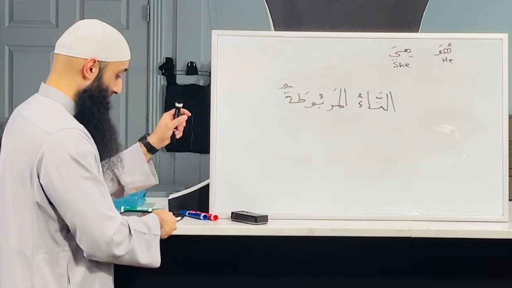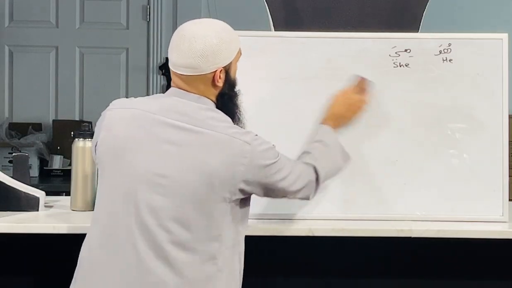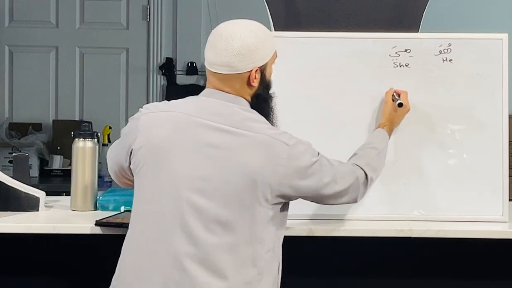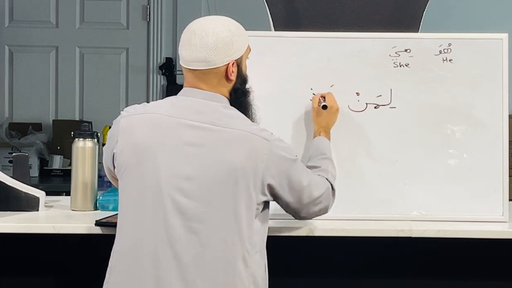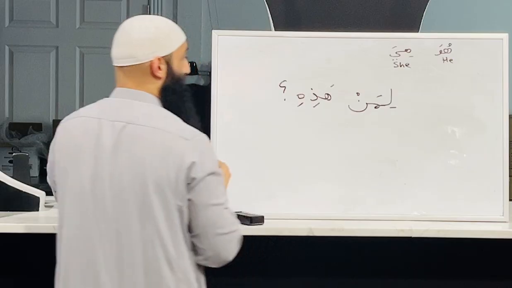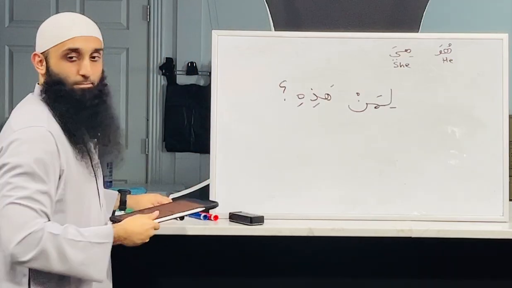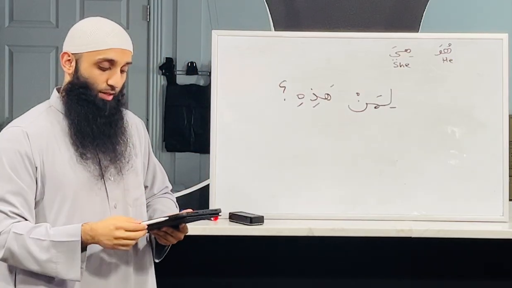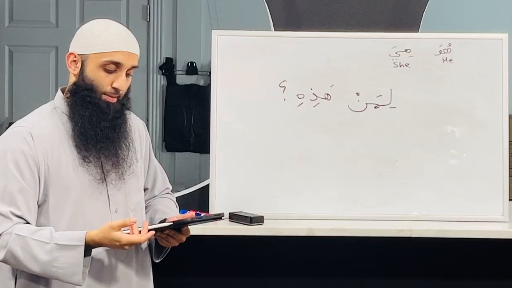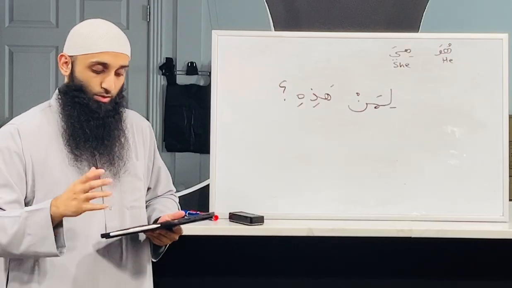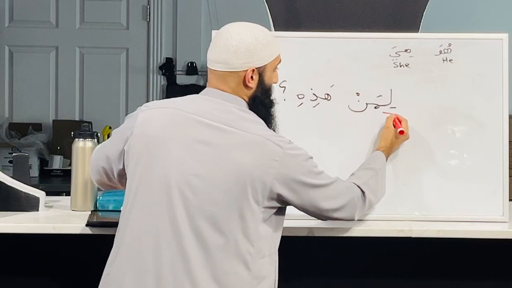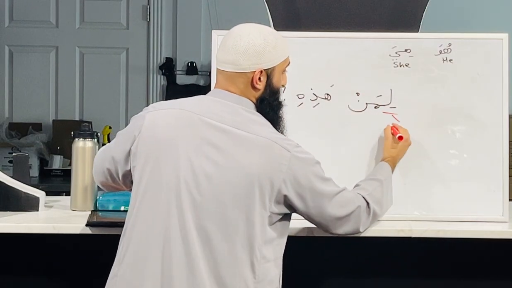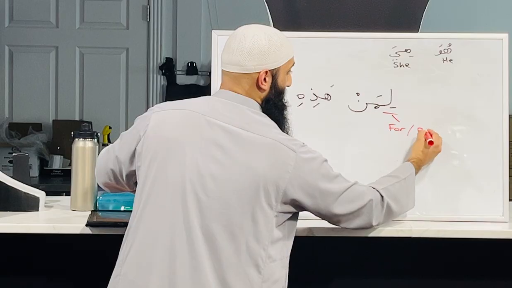Liman hadihi. What does that mean? Who is this for? Right? Because man means who. Who is this for? This li, this lam, it means for or belongs to.